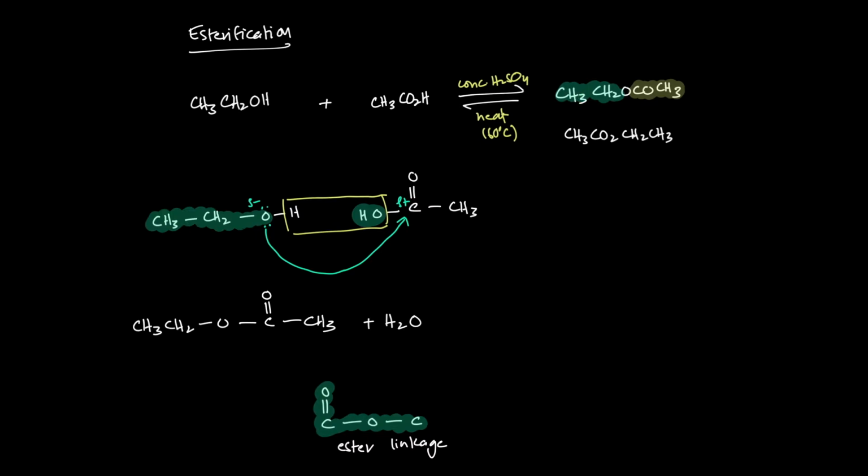The ester linkage shows up as OCO. Okay, so OCO जब आपको नजर आएगा, then you have alcohol followed by acid. On the other hand, if I write the acid part first, so if I write it the other way around, instead of saying CH3CH2OCOCH3, I can say CH3COOCH2CH3, or CH3CO2CH2CH3.